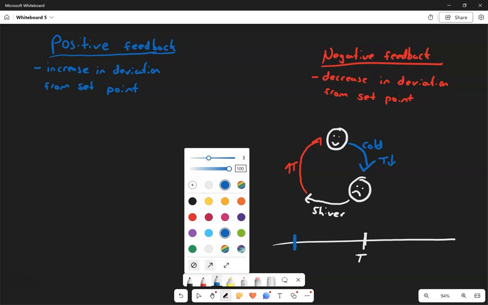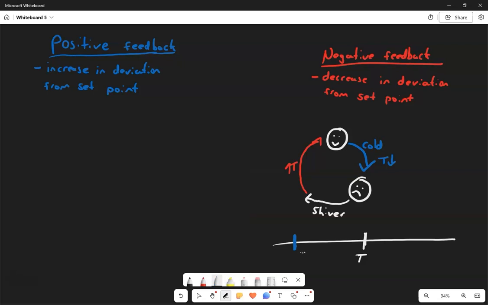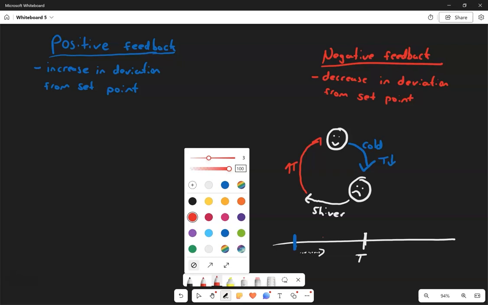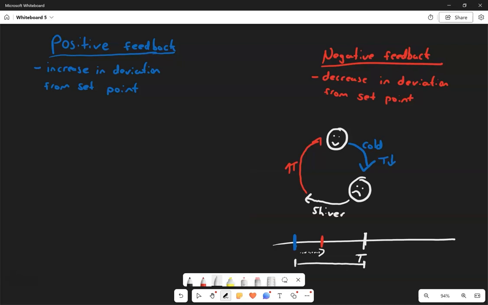As we activate our shivering protocol, our body temperature comes up. So notice that that change or that deviation from the set point, right, was initially this, and we brought it to here, right? So we decreased our deviation from that set point, right? So that is the negative feedback.